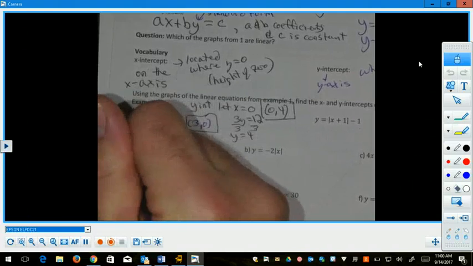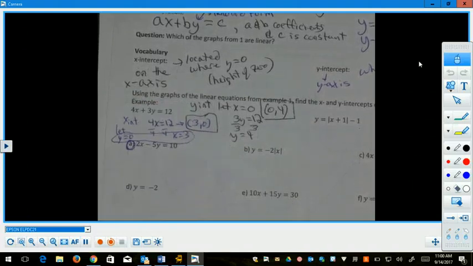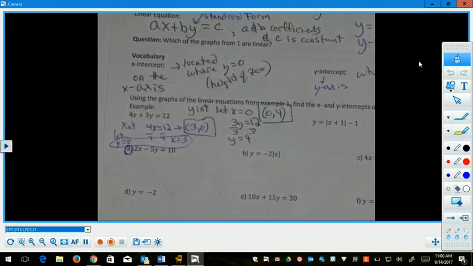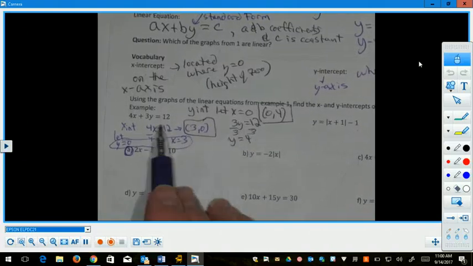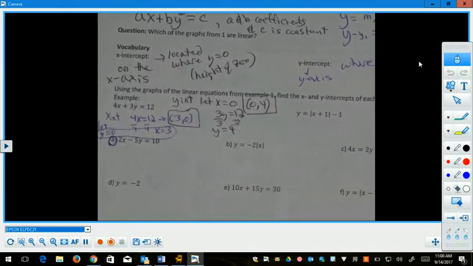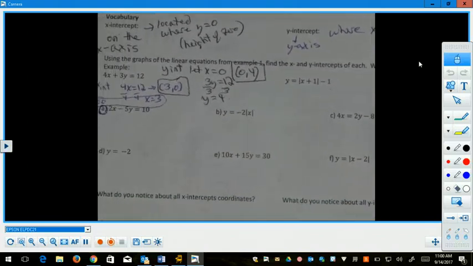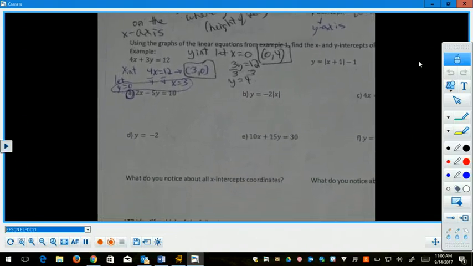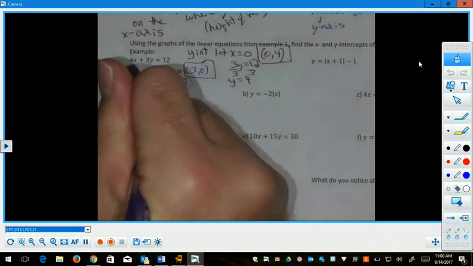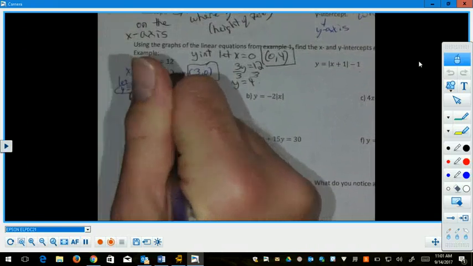I'd like you to try this for letter A. I should have probably had you try it for letter E instead, because it's not always the other number that's in here, but we'll just do A for now. Try letter A. See if you can get the x-intercept and the y-intercept.